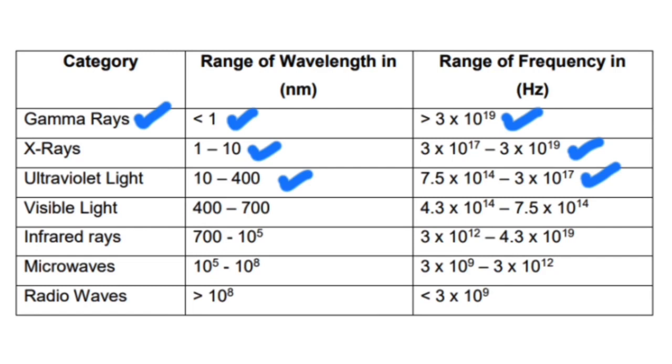So on and so on, followed by visible light, infrared rays, microwaves, and radio waves. There are some people who actually believe that microwaved food contains cancer, that it can cause cancer because of the waves. But as you can clearly see, microwaves have a lower frequency compared to the visible light that we see.